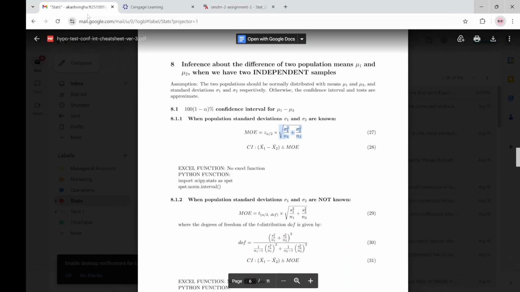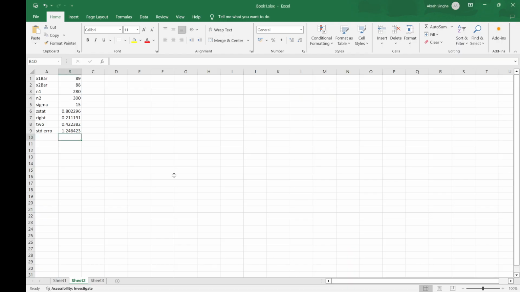Now the equation is into z alpha by 2, at alpha value is, alpha by 2 is 0.025.